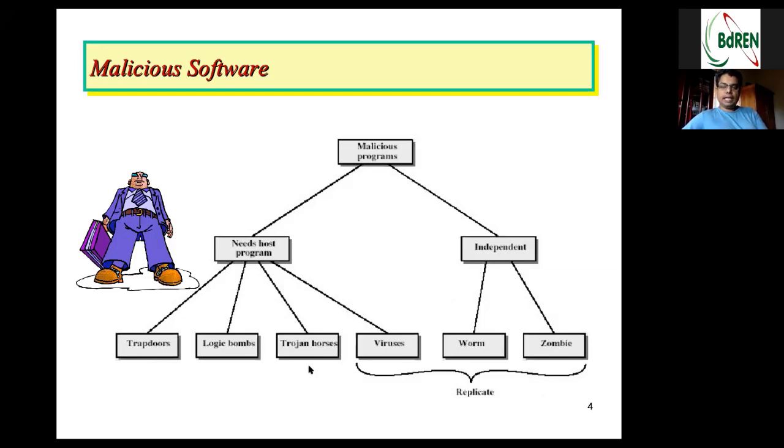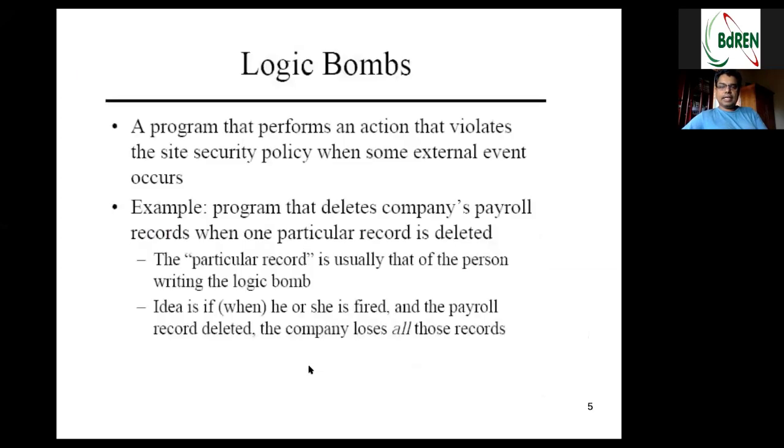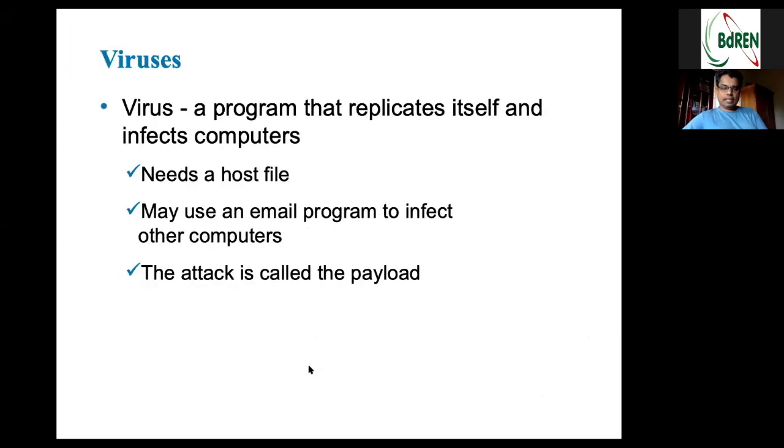Right. So that is a very basic introduction to malicious software. Let's start discussing viruses in detail. Viruses always need a host program to live. They infect one computer or one program, and then try to spread to other programs. The virus code is usually called the payload.